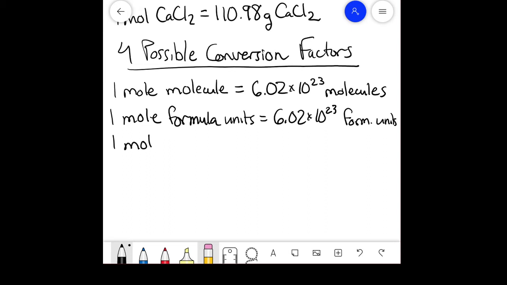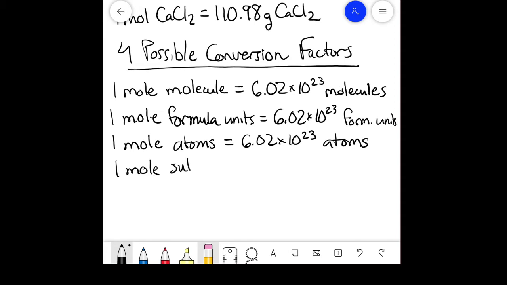1 mole of an atom equals Avogadro's number of atoms. And then 1 mole of a substance equals molar mass in grams of that substance.